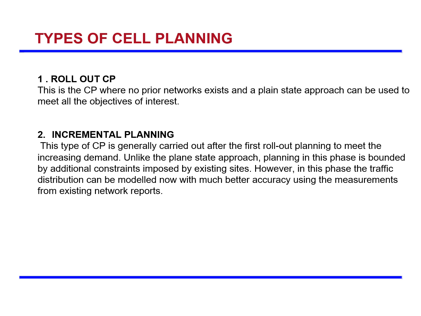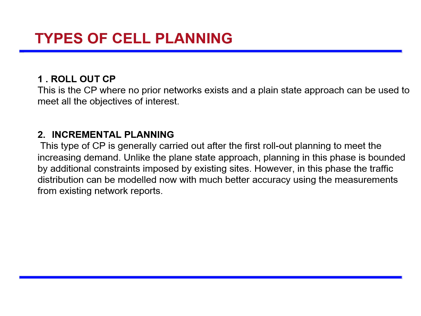This is the CP where no prior networks exist and a clean slate approach can be used to meet all the objectives of interest. In terms of input parameters, in this phase, the traffic distribution is not exactly known yet. Estimates of traffic based on geomarketing forecasts are used for planning in this phase.